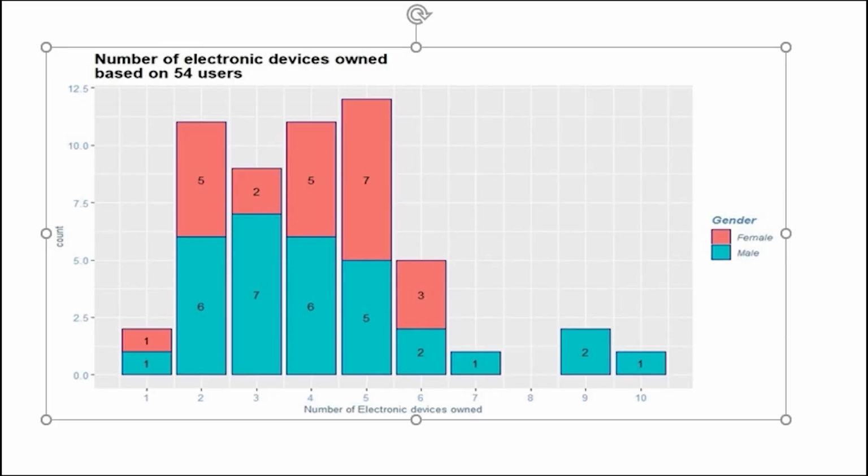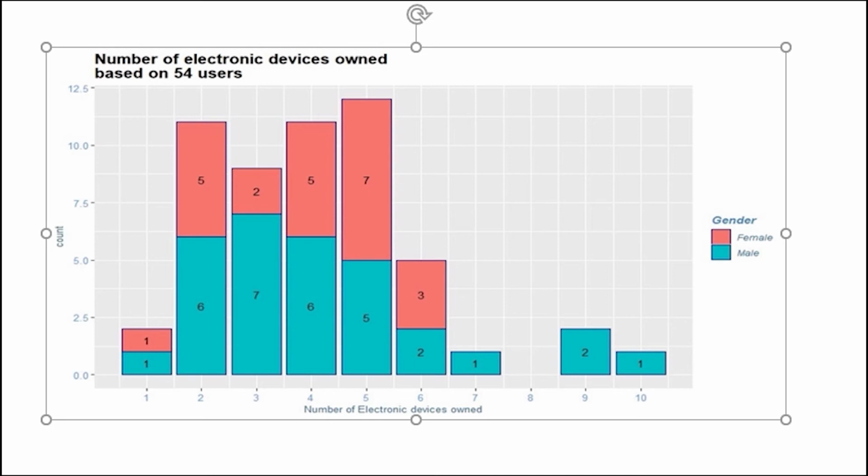The bar chart illustrates the number of electronic devices owned by users based on gender. The vertical axis represents the number of users, while the horizontal axis represents the number of electronic devices owned according to gender. Only two respondents own one device each. 11 respondents own two and four devices respectively, while 9 respondents own three electronic devices.